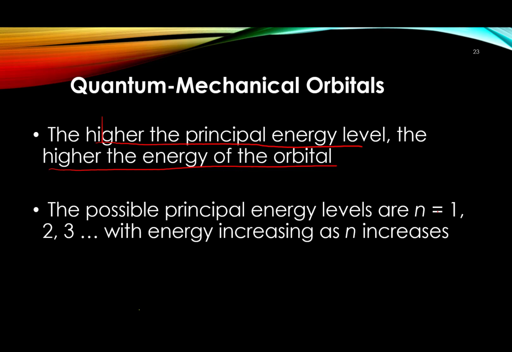As we go from principal energy level 1 to 2 to 3 to 4 to 5 to 6 to 7, the energy of the orbitals also increases. The higher the principal energy level, the higher the energy of the orbital. They're directly proportional. As the principal energy level increases, the energy of the orbital also increases.